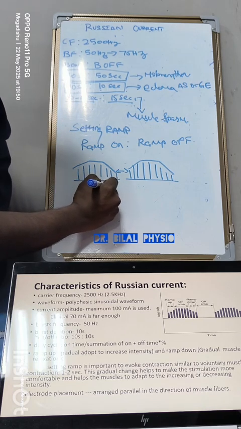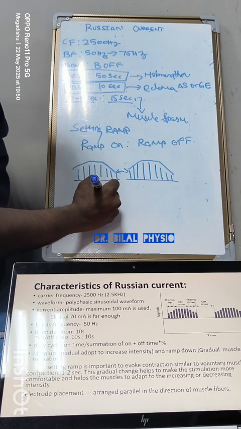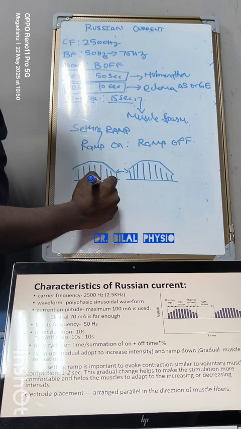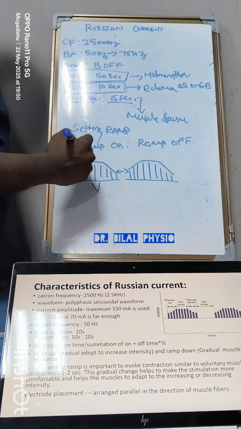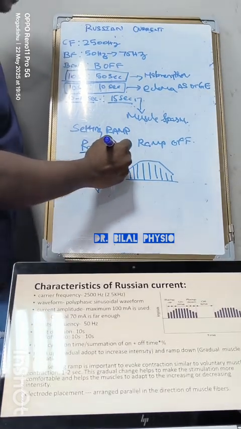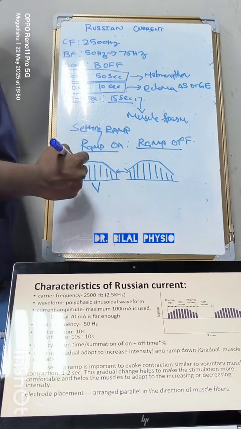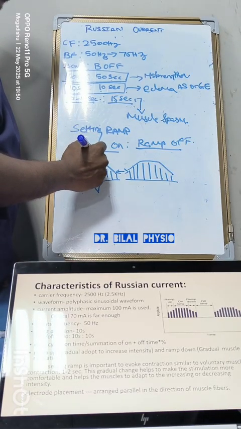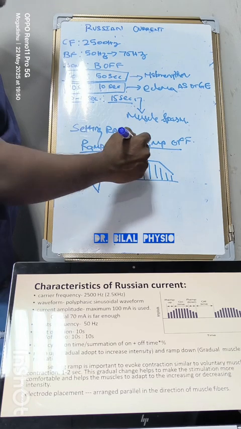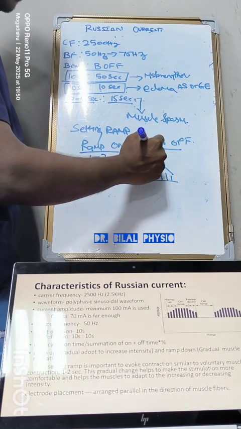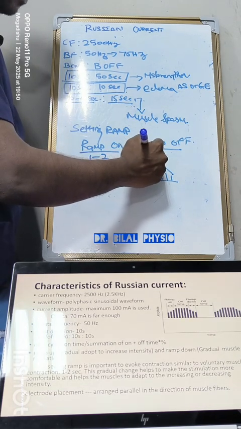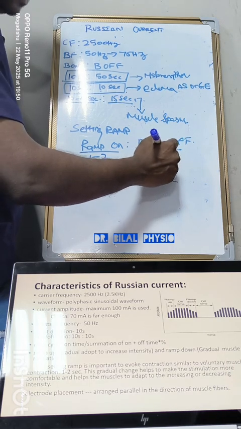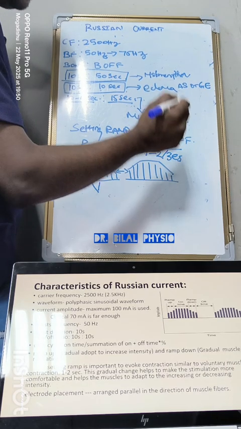We can achieve the kind of muscle contraction a person produces on his own when we set up a ramp on and ramp off time. The ramp on time is mostly 1 to 2 seconds, and the ramp off time is 1 to 2 or 3 seconds.